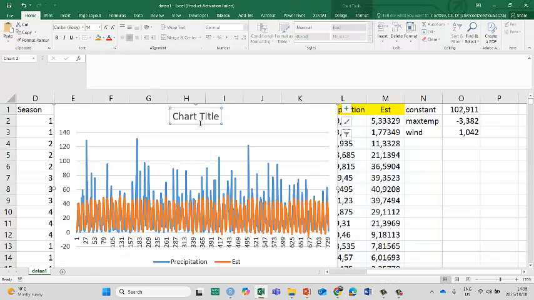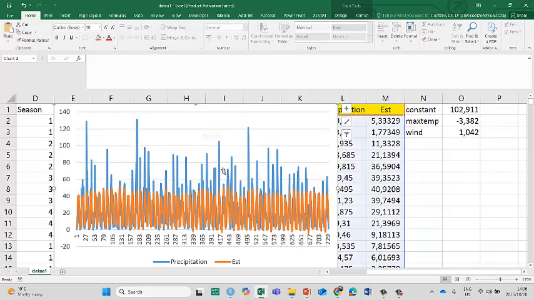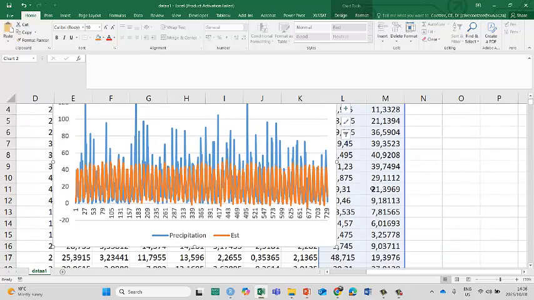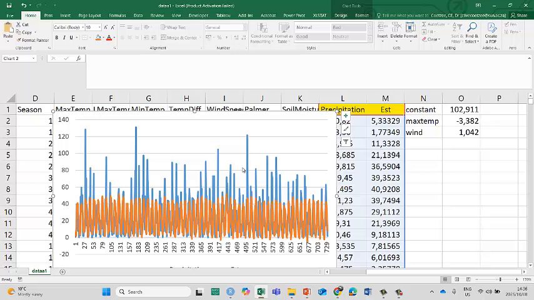And there it sits. Take that away. And there's our graph. So our blue is the actual, you can see, and the brown is our model.